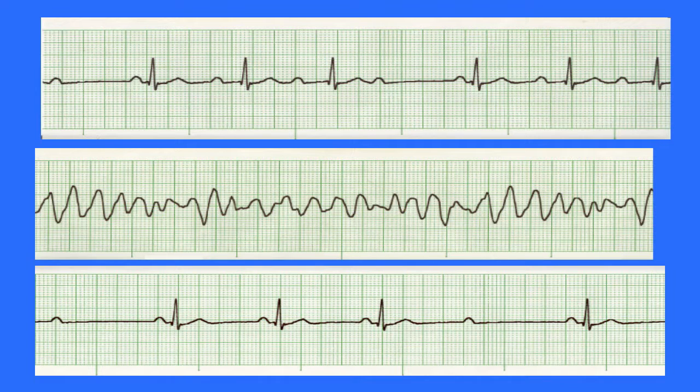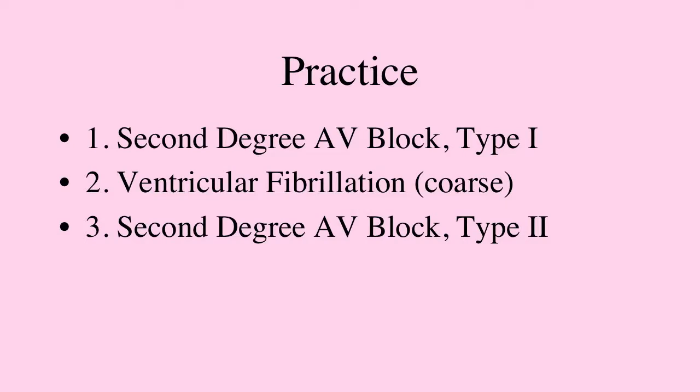So this is second degree AV block type 2, or called Mobitz 2. And so in summary on this slide, you have at the top second degree AV block type 1, then ventricular fibrillation in the middle, coarse VFib, and then the bottom one is second degree AV block type 2.